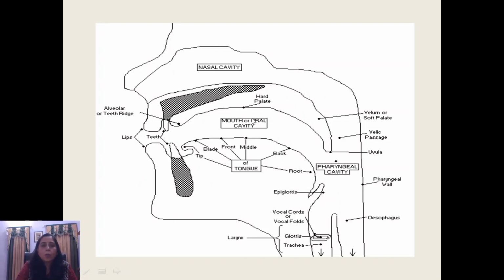The oral cavity is when the air from the lungs crosses the glottis and escapes through the mouth. And when the oral cavity is closed and the air escapes through the nose, it is called the nasal cavity. People use the nasal cavity for nasal sounds. So this is basically the diagram of the organs of speech.